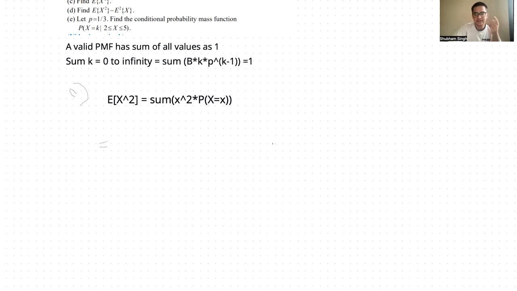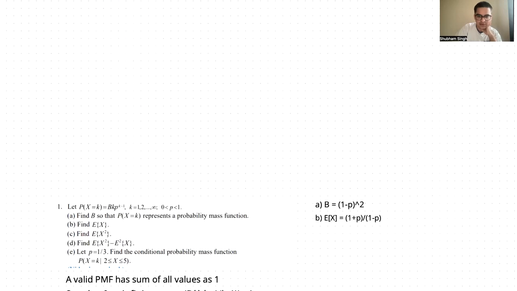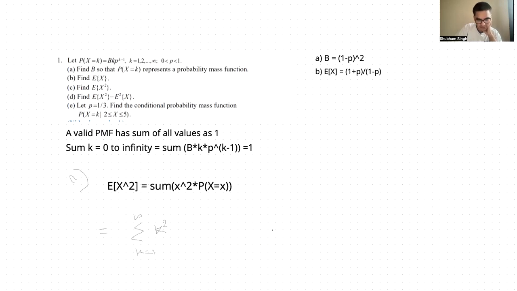We can write this in formula form and try to solve it. This can be written as k equals 1 to infinity, where x becomes k square, and P(X = x) is represented by this formula, and we have the value of b already. So we skip all those steps and just write it.